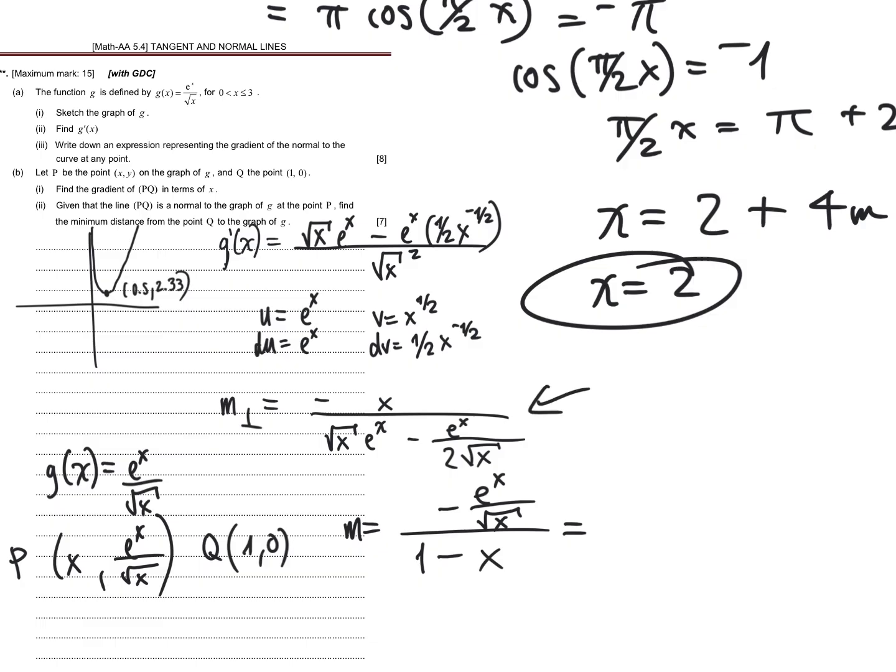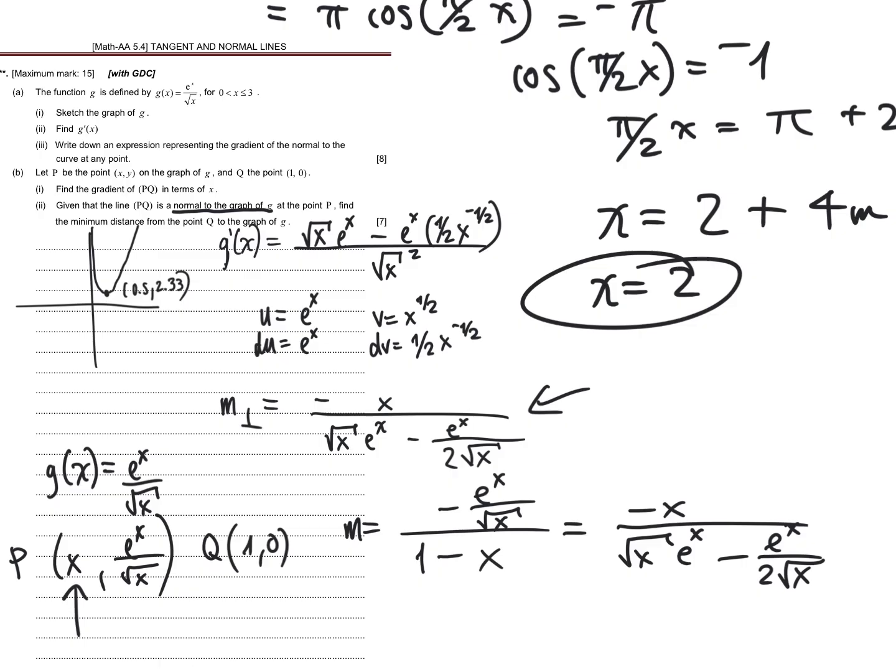I think it's going to be equal to this. Because, hold on. So this is the normal to G at point P. So it's just x substituted in, it's the same thing. And then the line PQ, that gradient is this thing.